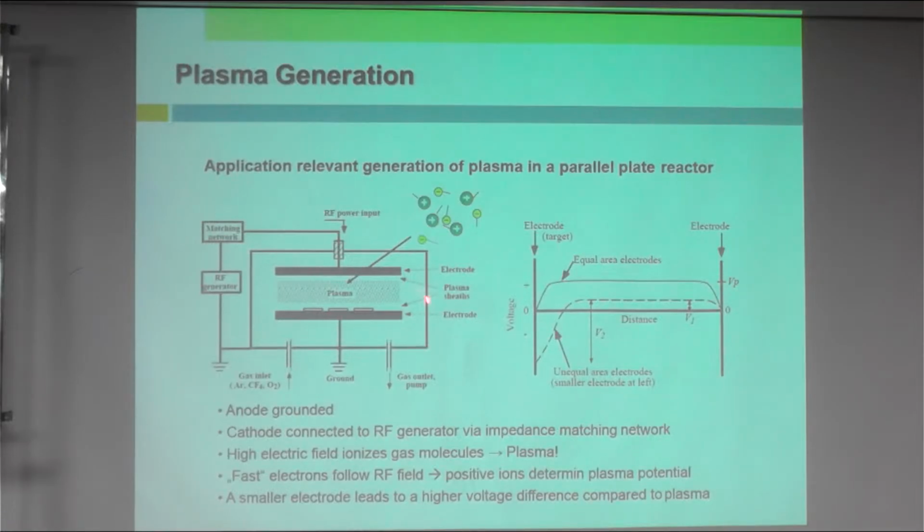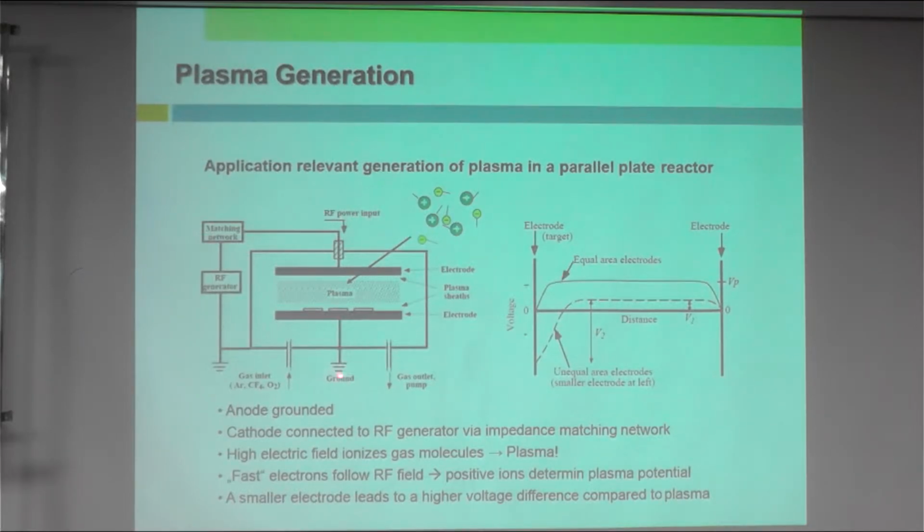So for plasma generation, in order to use plasma etching, we have to generate plasma. The application-relevant generation of plasma is in a parallel plate conductor. You have two electrodes, then you have a plasma sheath here. Then you can form plasma using RF, radio frequency power input.